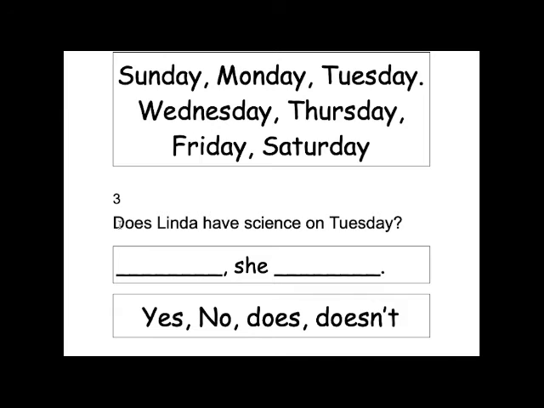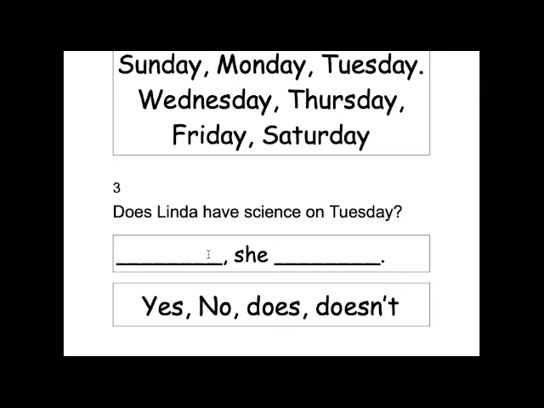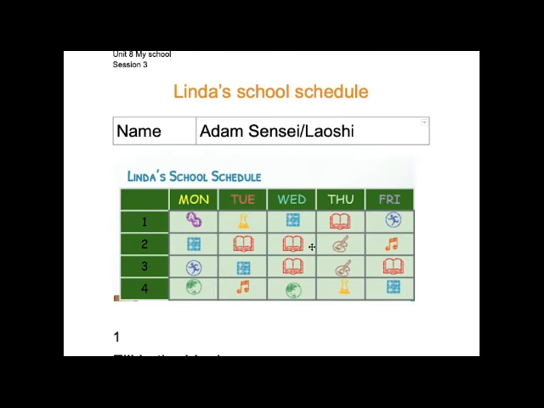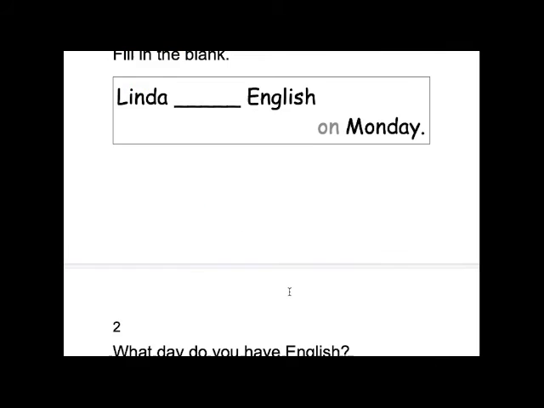Does Linda have science on Tuesday? We have some options here. I'm not going to give you a hint, but blank, she blank. One of these words will go in the first blank, and another will go in the second blank. And we can, of course, check back here to see which is the right answer.